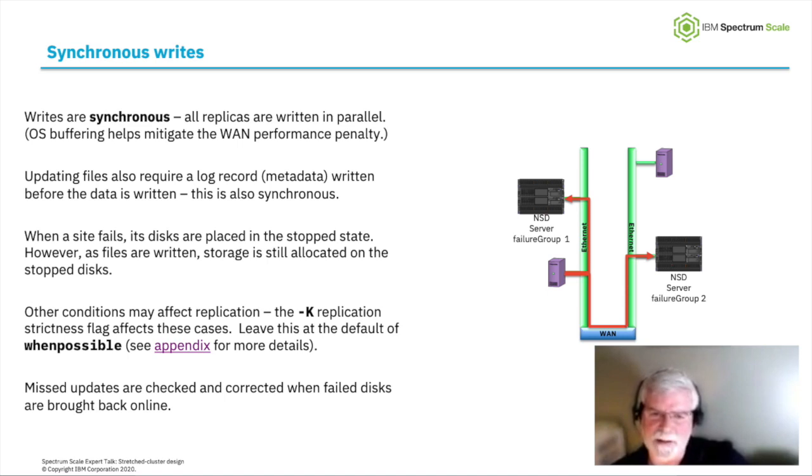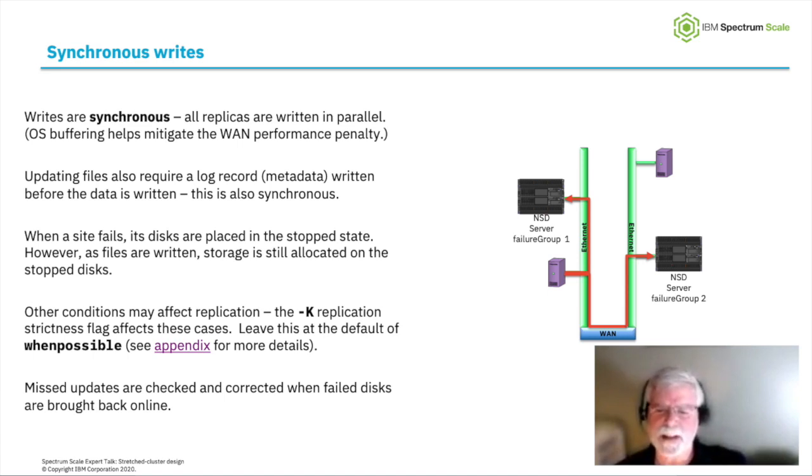Spectrum Scale is no different. It will benefit from the same techniques the operating system applies to other file systems. So the stretch file system is no different. Unless you actually do an fsync, you're going to benefit from all of the write-behind capabilities of Spectrum Scale.